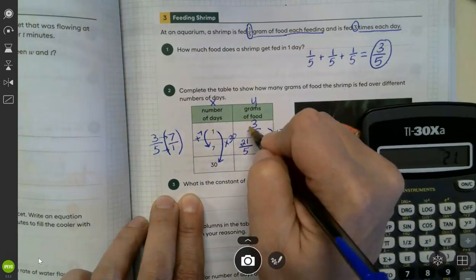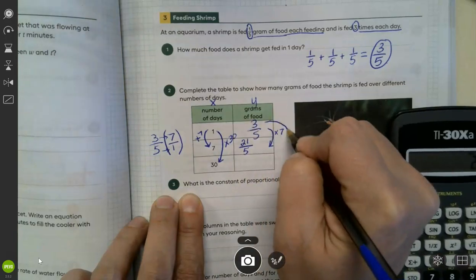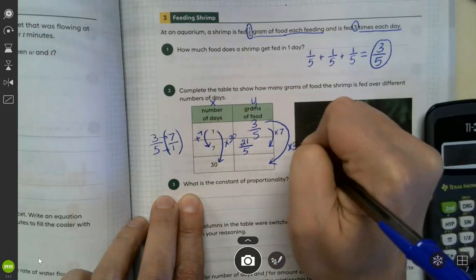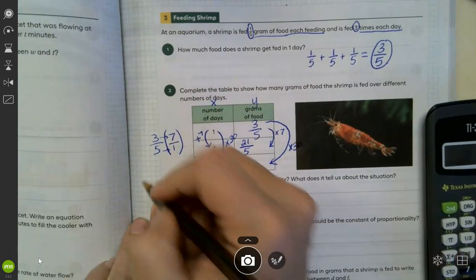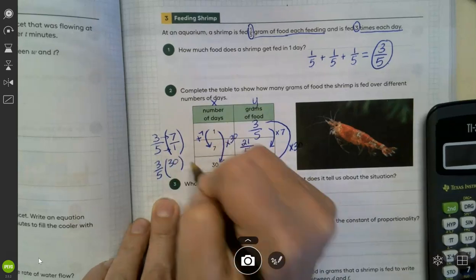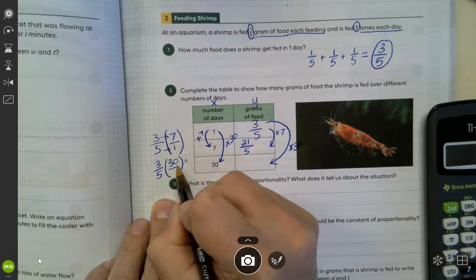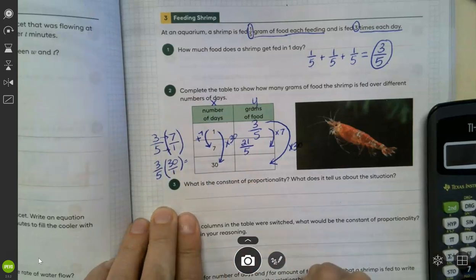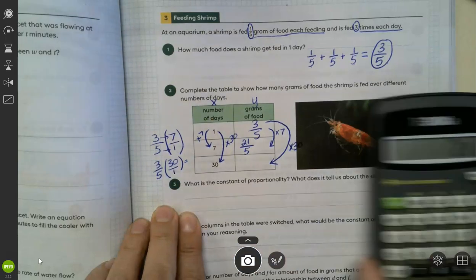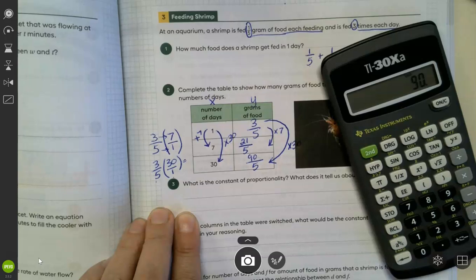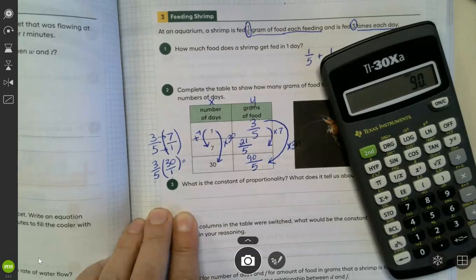So that means that I'm going to take this 3/5 and multiply that also by 30. 3/5 times 30 equals what? Okay, remember, any whole number I can turn into a fraction by putting it over 1. So 3 times 30 is 90. That's the numerator. 5 times 1, the denominator. So in 30 days, the shrimp will have eaten 90/5 grams of food.